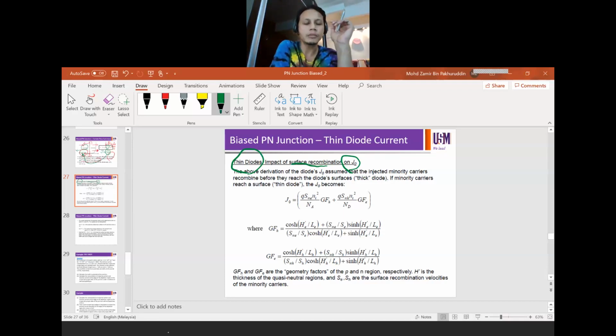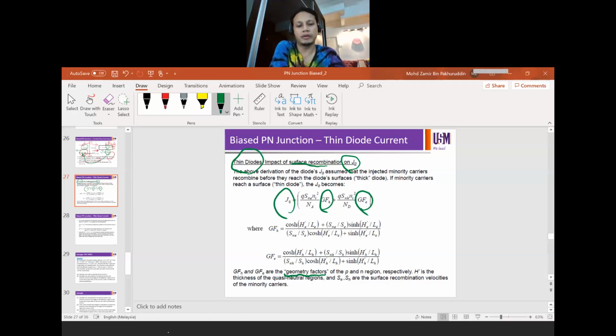Therefore, to calculate the J naught in a thin diode, having seen the calculation of J naught in a thick diode before, you also need to factor in the GF, or geometry factor. GF is the geometry factor of electron and hole of the surface, practically.